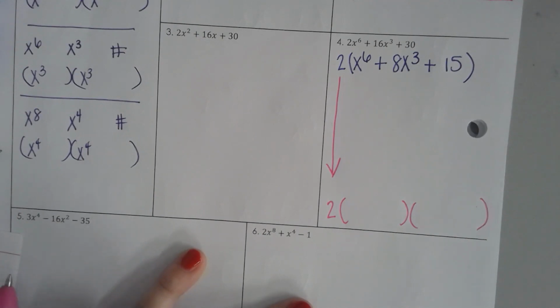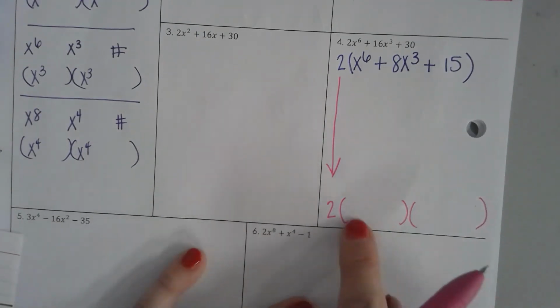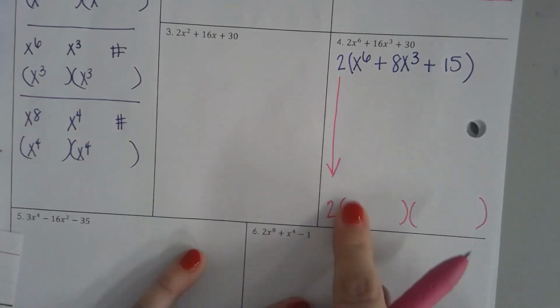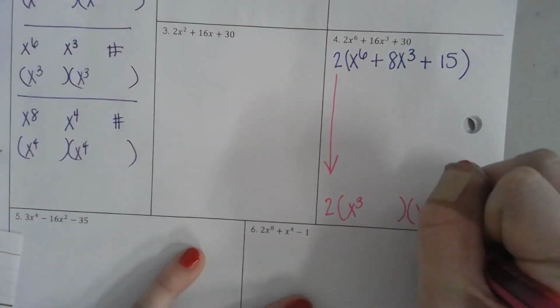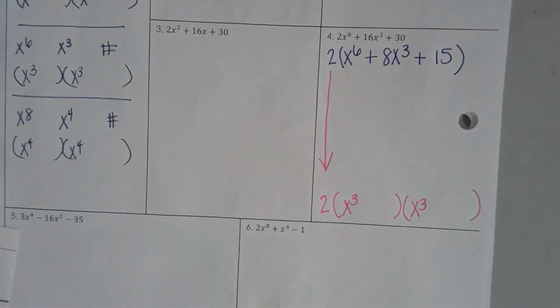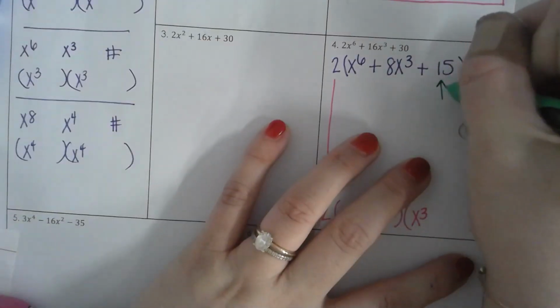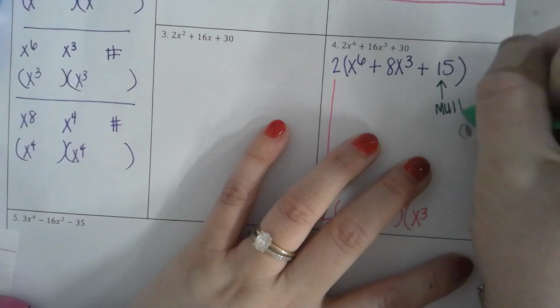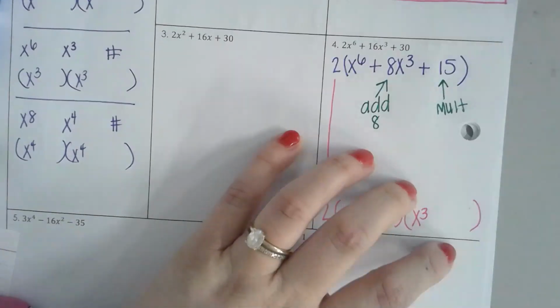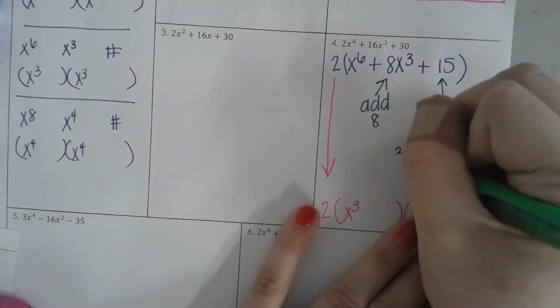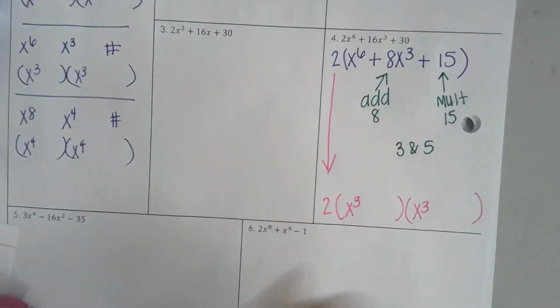Going to have parentheses. What kind of x am I going to have here? X cubed. So now I need 2 numbers that multiply to be 15, but also add to be 8. 3 and 5. And those numbers go right down here.